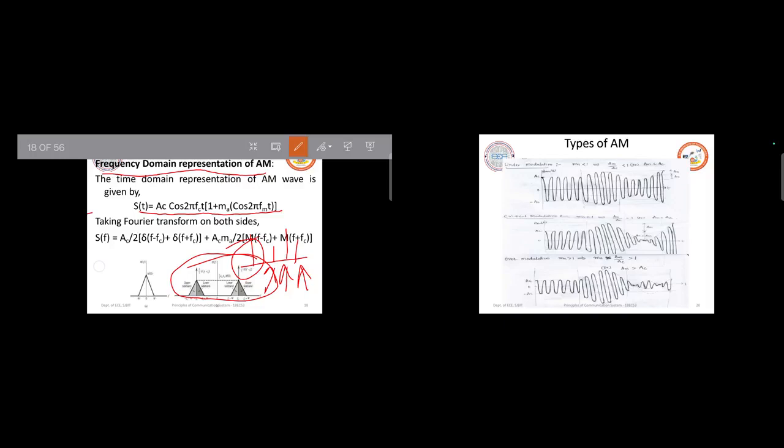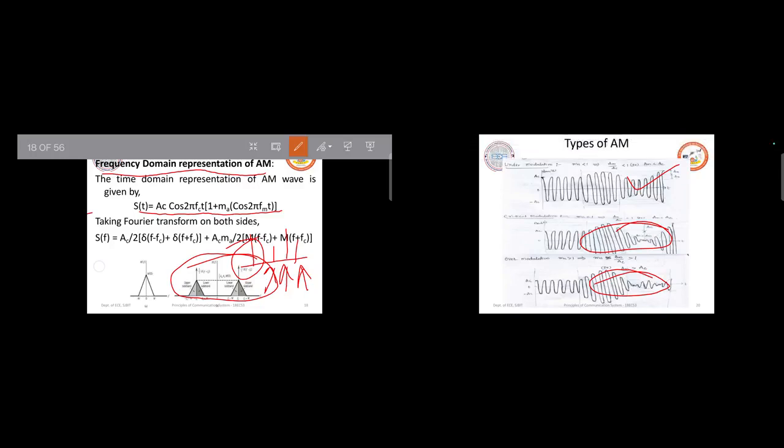Obviously it is the first case, because in critical and over modulation you can observe this part of the wave is all kind of distorted. But in the case of under modulation, the wave shape is retained as it is. So under modulation is always good for reproduction of the signal at the receiver side. So we always perform under modulation. That's the meaning of this.